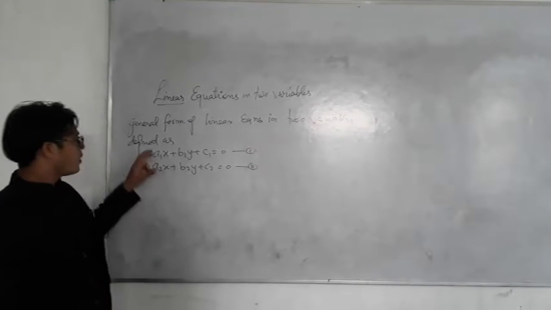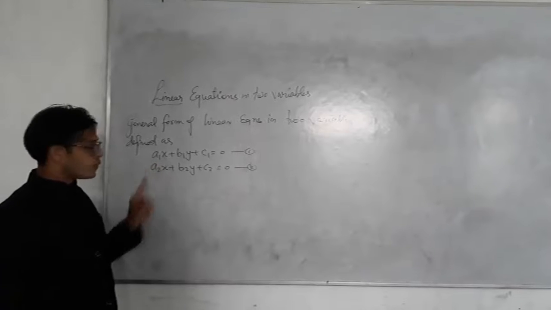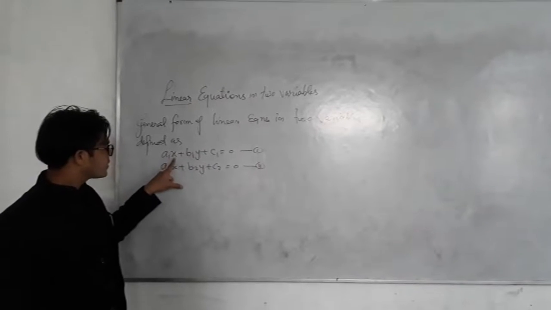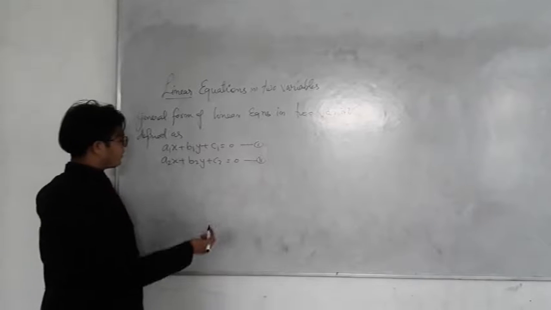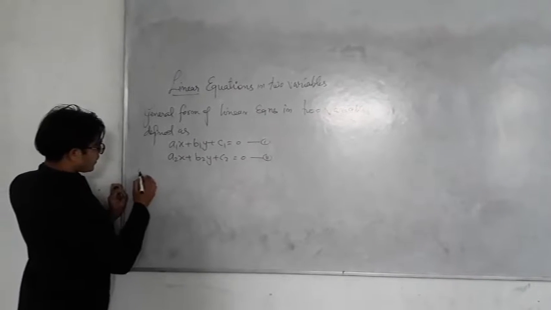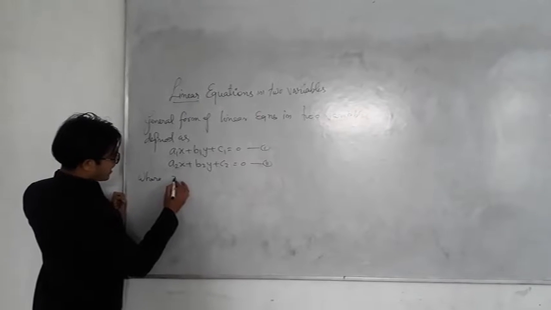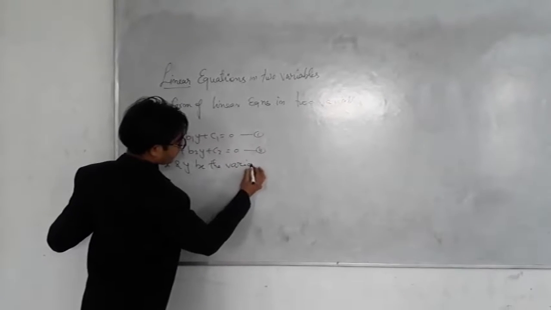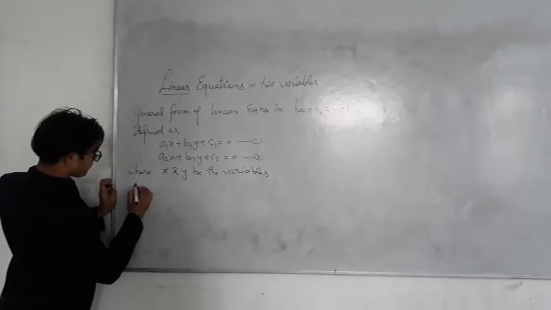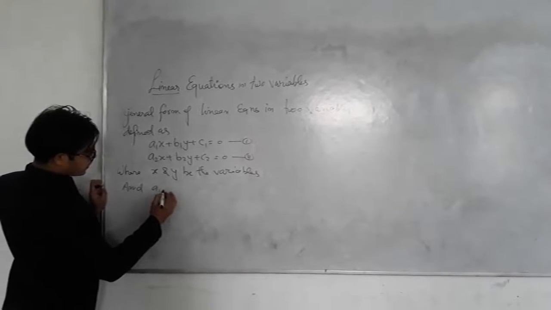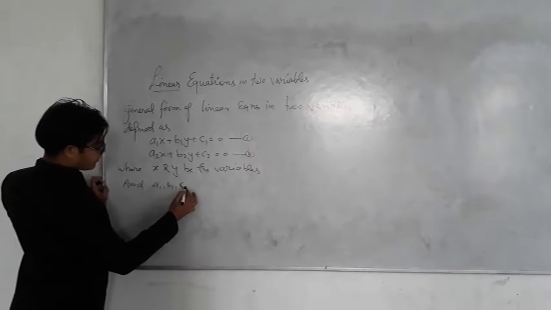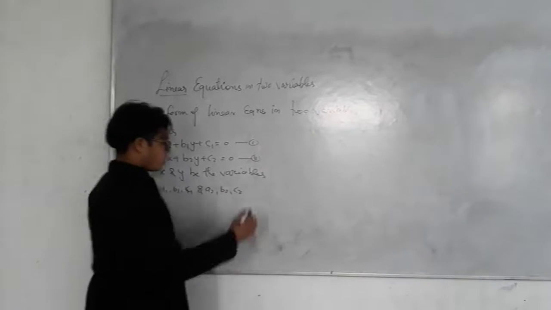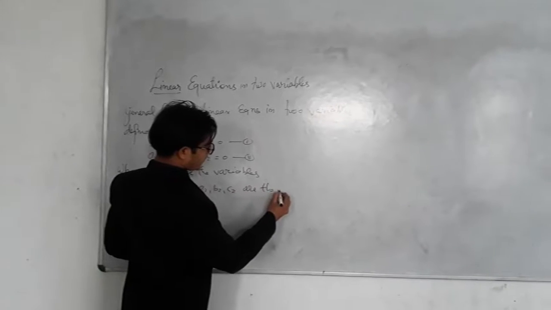Okay. So this is the system of linear equations in two variables, because we have used x and y, two variables. x is the first variable and y is the other variable, where x and y are the variables and a1, b1, c1 and a2, b2, c2 are real numbers.